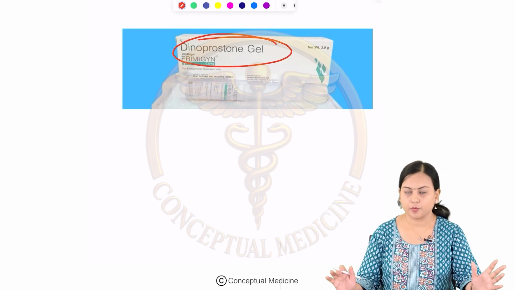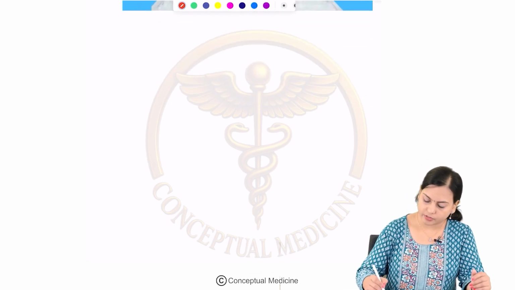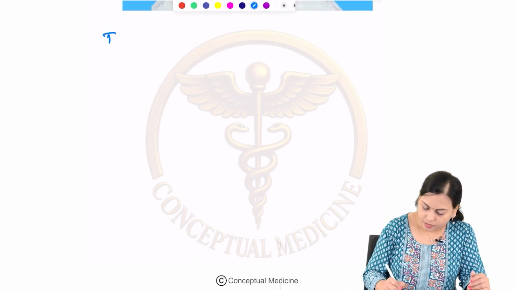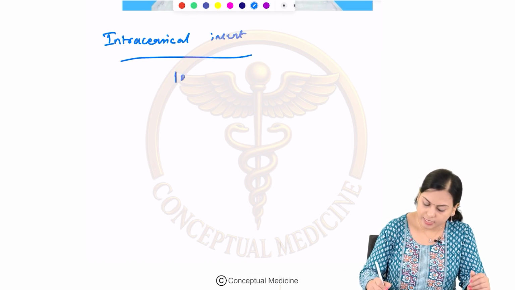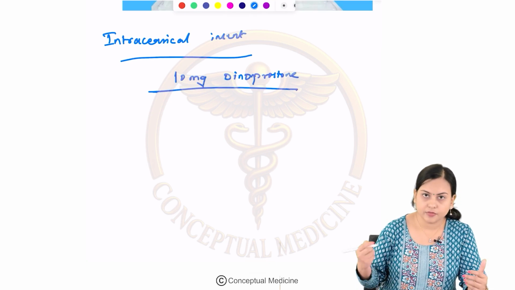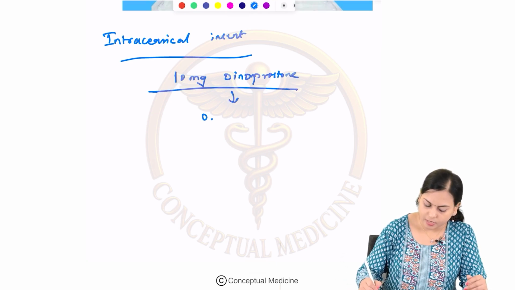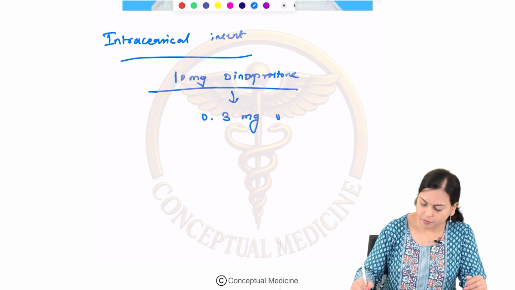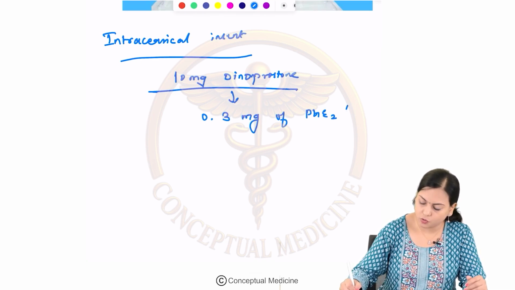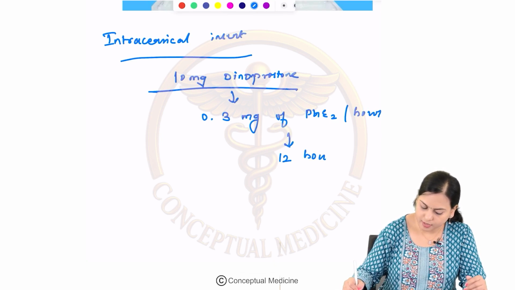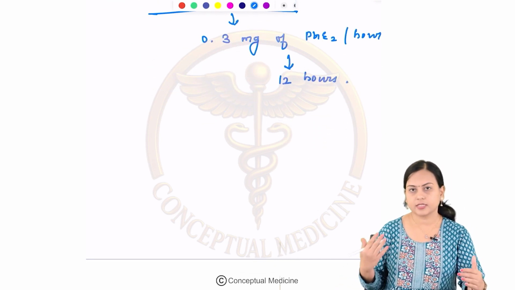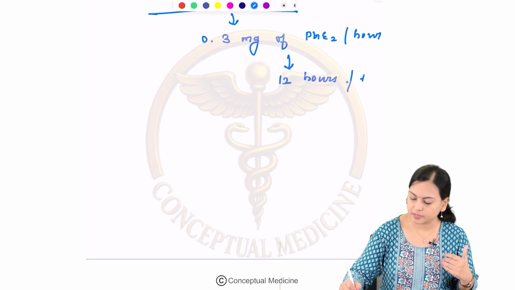This is not for any promotion of brand, this is just for educational purpose. And then the second form can be an intracervical insert. Here you have 10 milligram dinoprostone in a timed release formulation that releases 0.3 milligram of prostaglandin E2 per hour, and it will go on for 12 hours, or till the active labor begins.